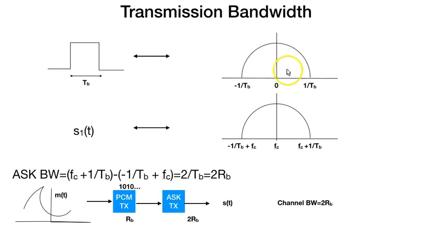Here you can see in the diagram that suppose it is a pulse signal and it is the same signal in frequency domain. Then to calculate its bandwidth at FC, it will be 2 by TB, which is 2 RB. It is done like this. It is an ASK signal and the channel bandwidth is 2 RB.